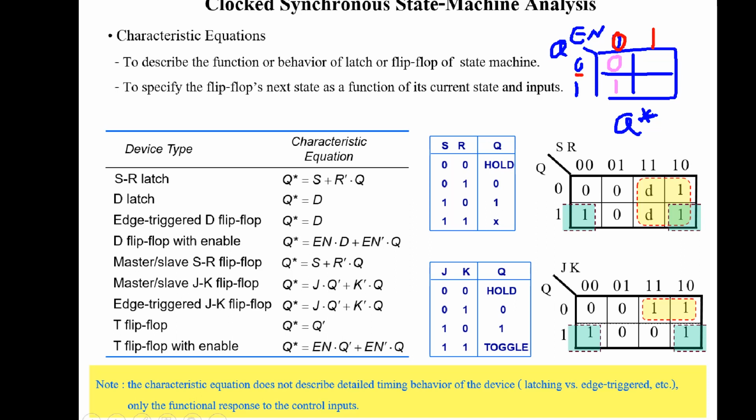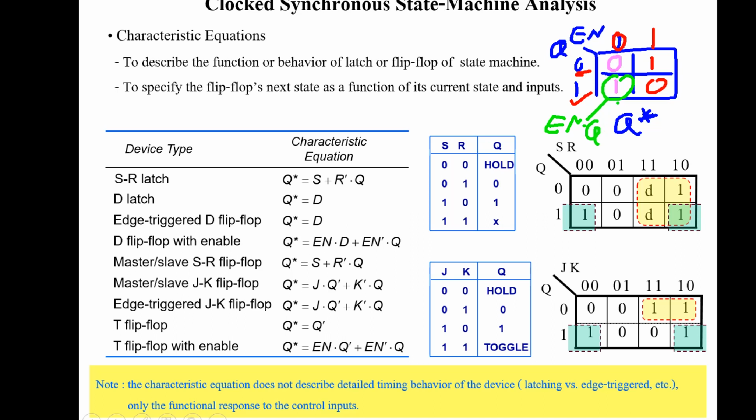That means if the current state is 0, it changes to 1. If the current state is 1, it changes to 0. After that, you just select this term and this term, right? This term, the product term of this one, is EN and Q, right?